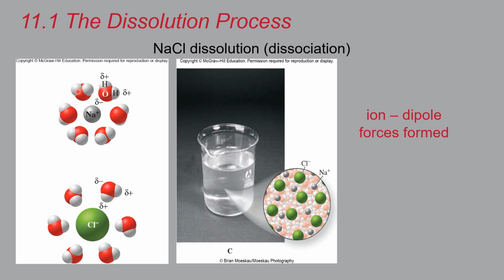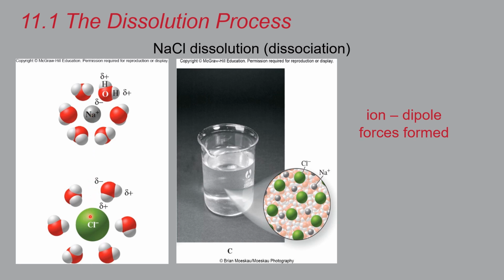The negative end, the oxygen atom, is going to be very strongly attracted to the positive ions, the sodium ions in this example. And for the chloride ions, it's the other way around. They have a negative charge, so they're going to be quite strongly attracted to the positive end of the water molecule, the hydrogen atoms.